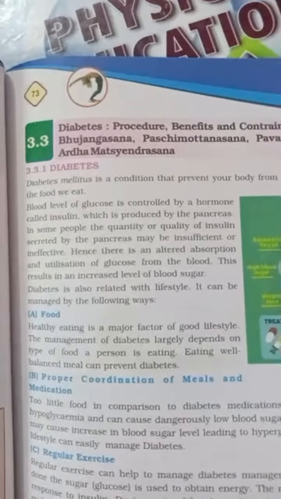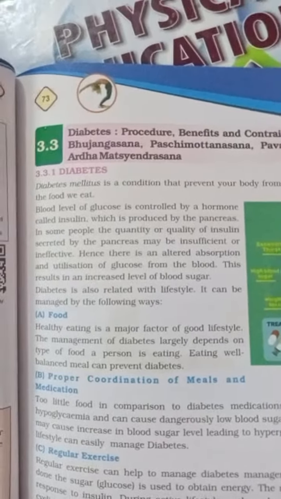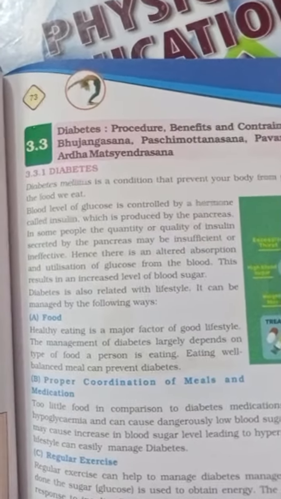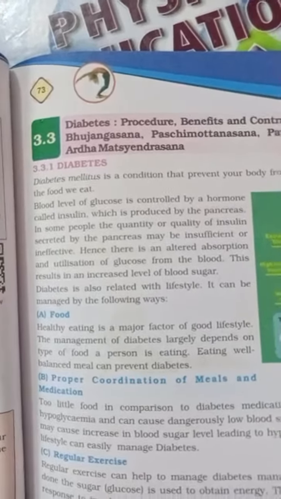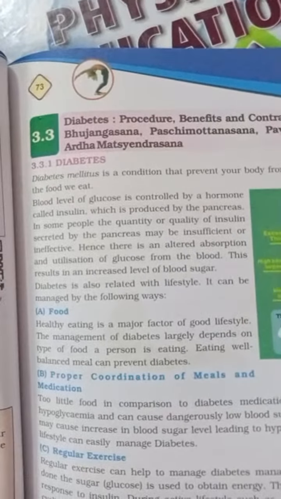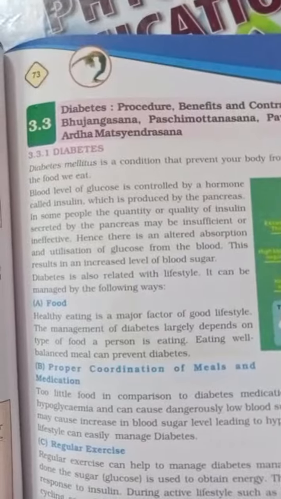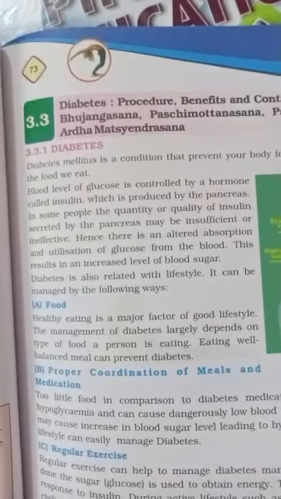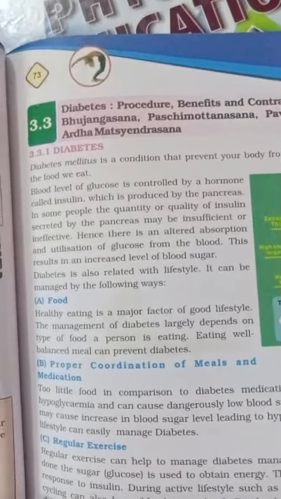In some people, the quantity or quality of insulin secreted by the pancreas may be insufficient or ineffective. Hence, there is an altered absorption and utilization of glucose from the blood. This results in an increased level of blood sugar.